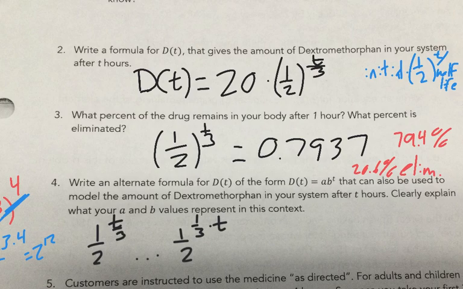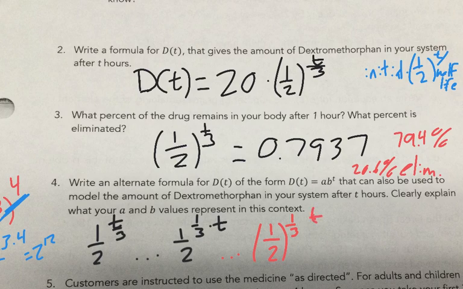We could put the t over 1. And that would be 1 times t is t over 3 times 1, which is 3. And so this is 1/2 raised to the 1/3 raised to the t.